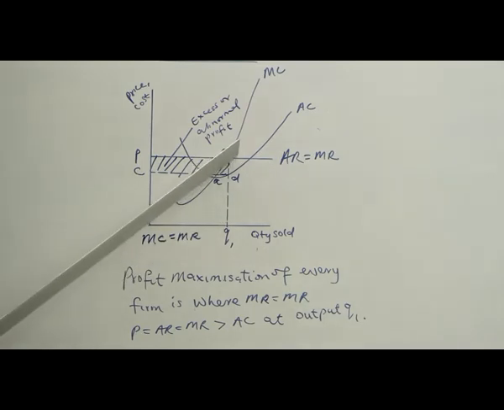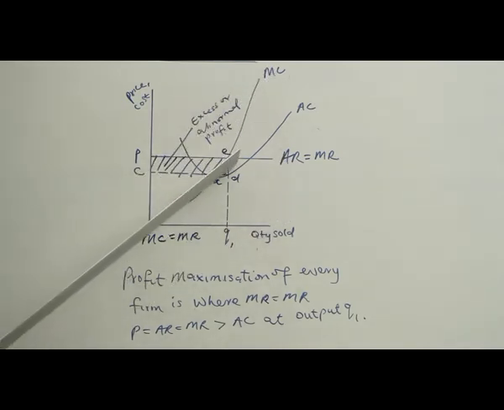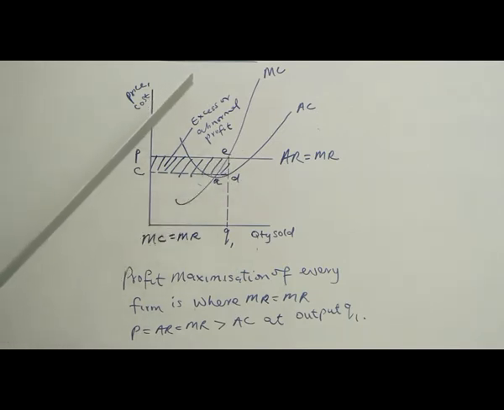So we have point E to be the profit maximization of the firm at output Q1. If the firm wants to maximize profit, they must make sure that MC touches MR at point E here. So now for us to say the firm is having excess profit, the price of the firm per unit must be greater than the cost per unit of the firm.